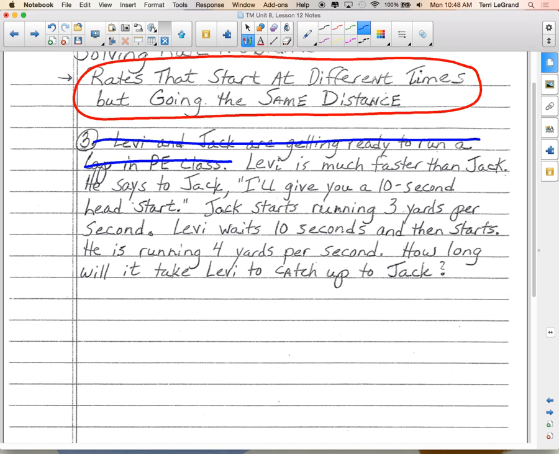Sam? Levi's much faster than Jack. Yeah, Levi is much faster than Jack. Okay. Cross out the dialogue. He says to Jack, I'll give you a 10-second head start. Okay.